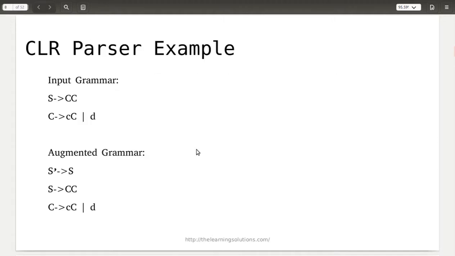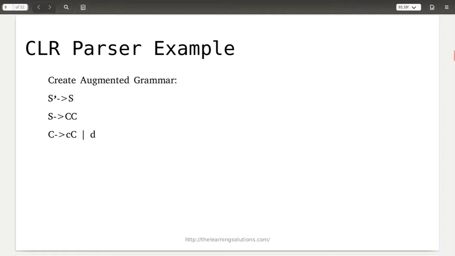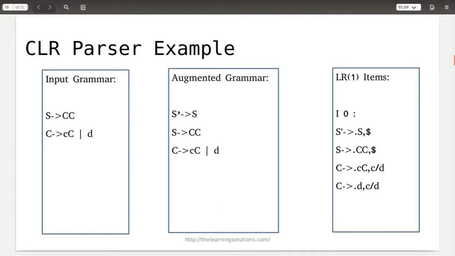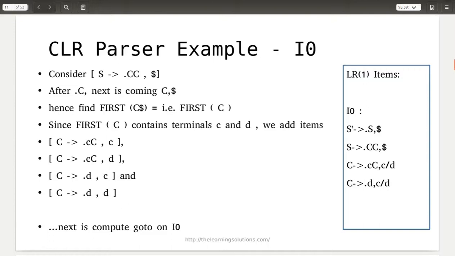Here we have the same example as that of CLR. This was the example we discussed in the CLR parser video, where the given grammar is like this, and in the first step we created the augmented grammar. Then we started finding the LR1 items. This is the state I0 we got. From I0 we obtain the different transitions, that is the go to operation, and we found the closure.